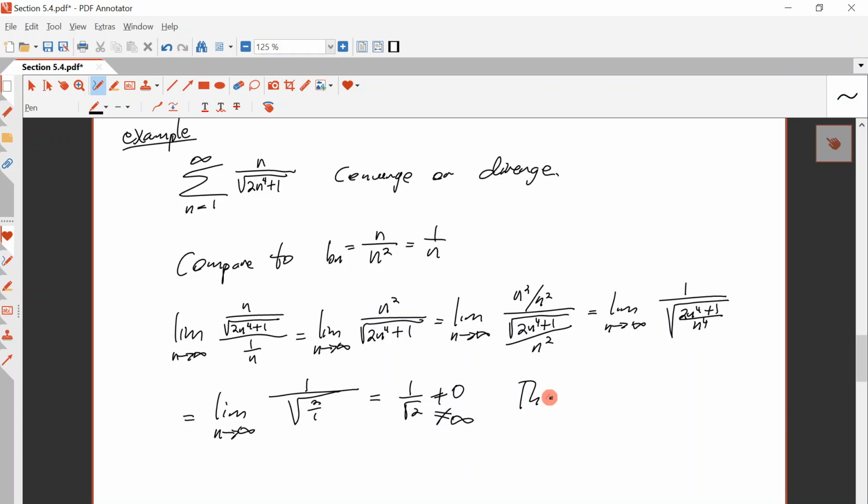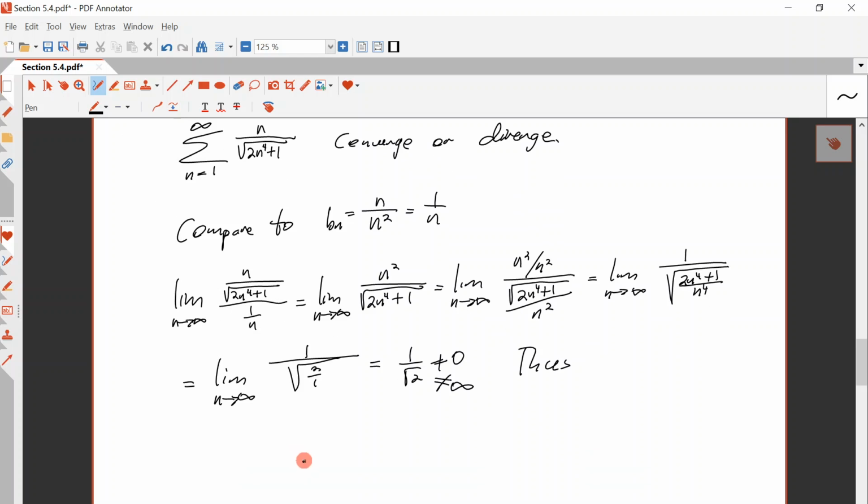Thus, the original series, n over the square root of 2n to the 4th plus 1, and the series we compared it to, both converge or both diverge.